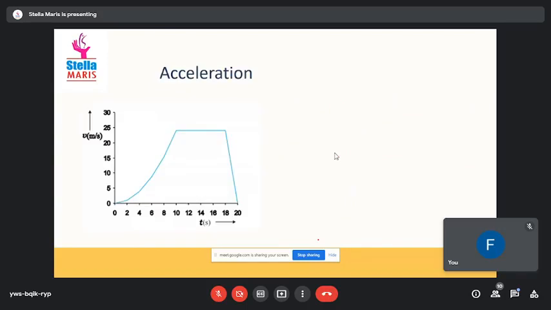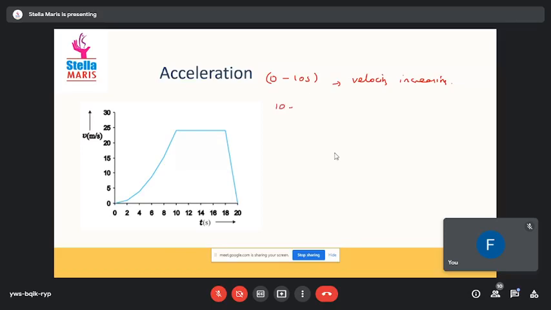Okay. So acceleration, they have given a previous sum, no? They have given acceleration for this graph, that is velocity time graph. So here they are saying that from 0 to 10 seconds there was velocity increasing, okay.